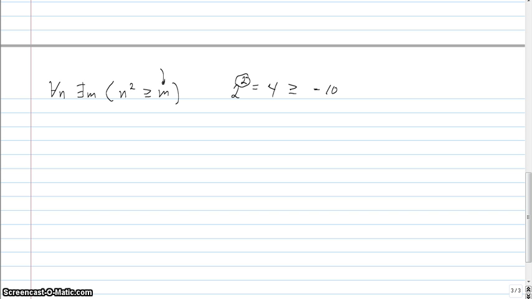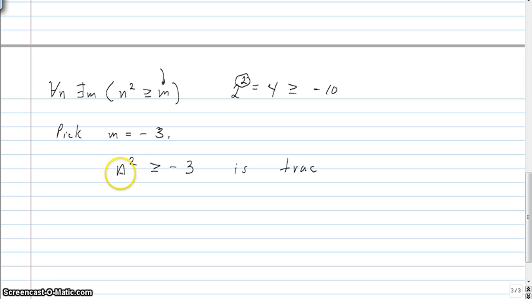So this kind of starts to feel like maybe we pick some negative value for m, whatever negative value we want, and then if we look at our statement, that statement is true no matter what the value for n is, right?